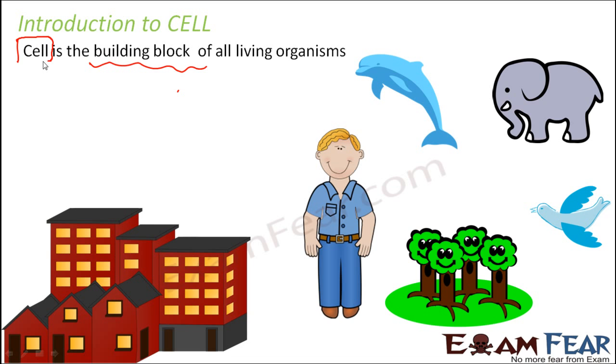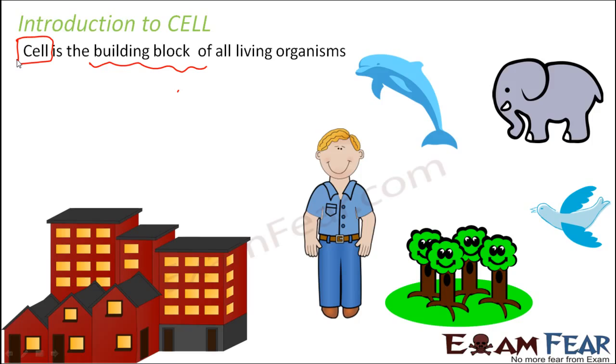You can clearly imagine the cell as the brick. That means multiple cells together constitute the body of human beings. Now, what we have to see is what exactly a cell is, how it looks, and how it performs so many different activities. We are going to talk about all that.